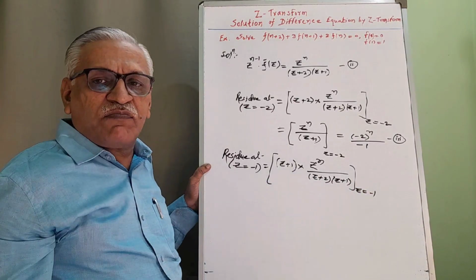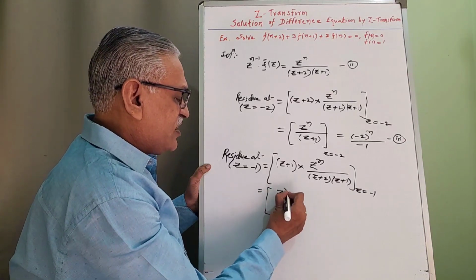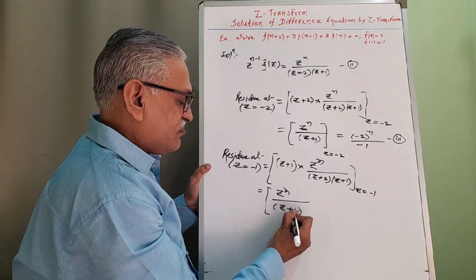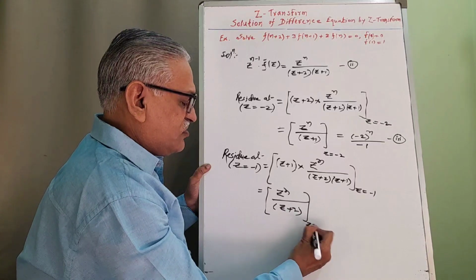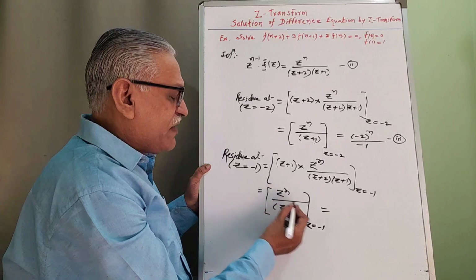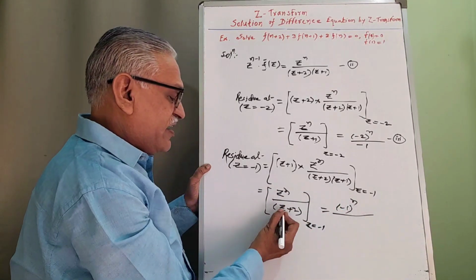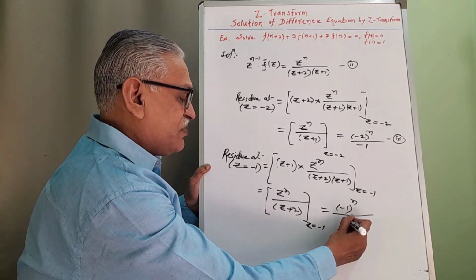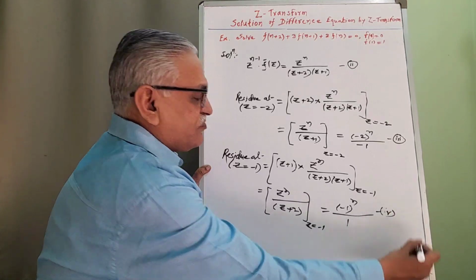This time z plus 1 gets cancelled. Remaining terms are z raised to n divided by z plus 2 at z is equals to minus 1. And then substituting the value, this one is minus 1 raised to n and minus 1 plus 2, we get plus 1. And we call this as equation number 4.